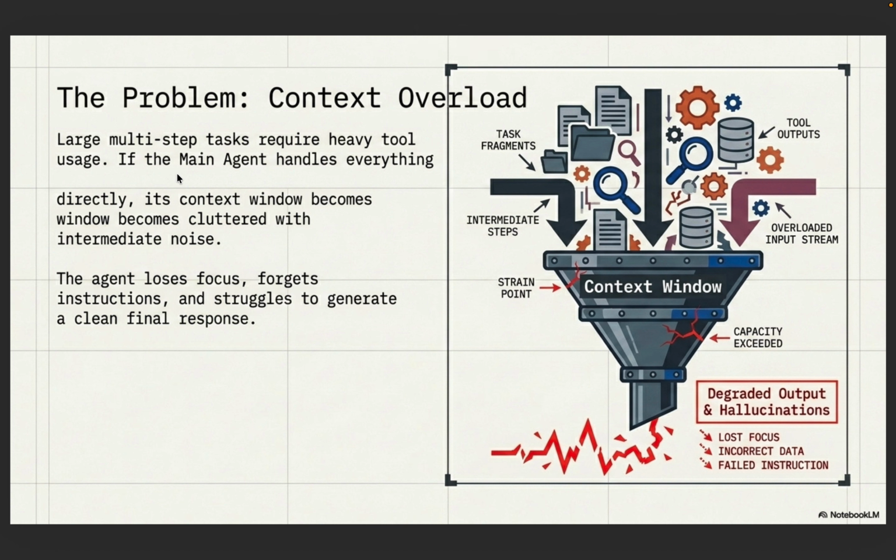So it has to plan it, track it, and remember all the intermediate steps, right? So if you execute one or two complex tasks, then it will eventually reach the context limit, right? Once it reaches the context limit, it will start hallucinating, and it will produce poor results.